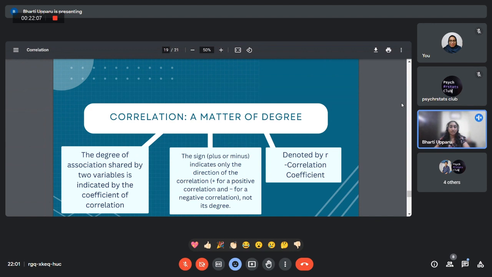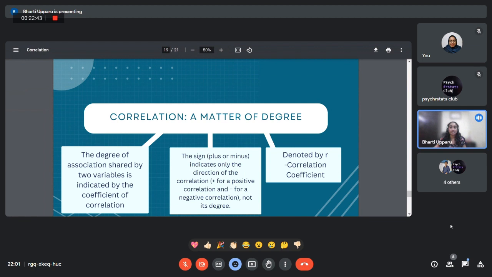So plus is for positive correlation and minus is for negative correlation. Suppose we have an R value of minus 0.9. It does not mean that because there's a negative sign, the degree of correlation is weak. It is a strong negative correlation.